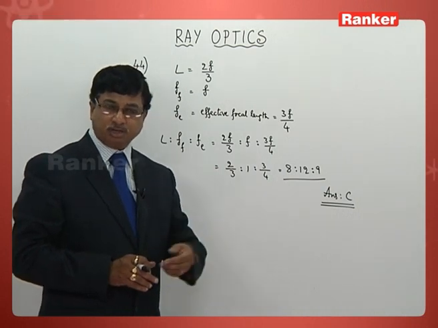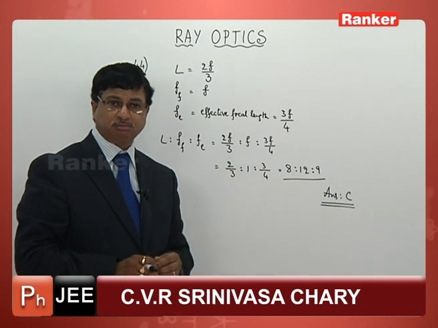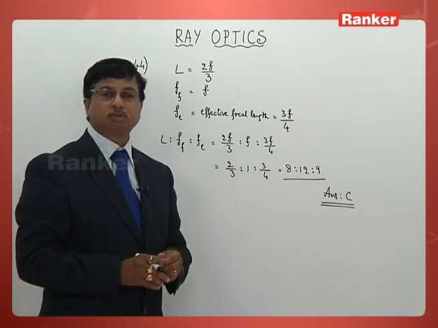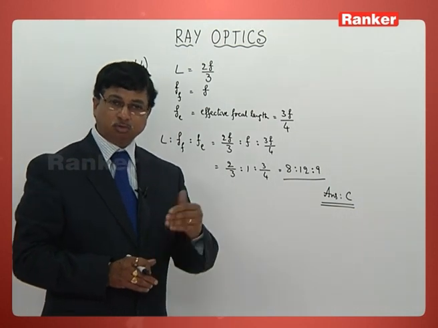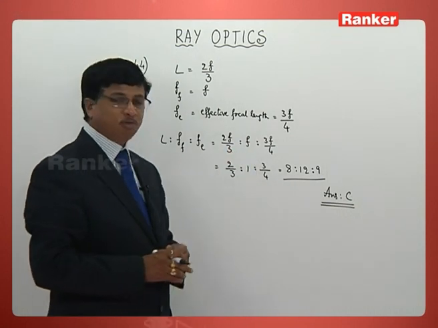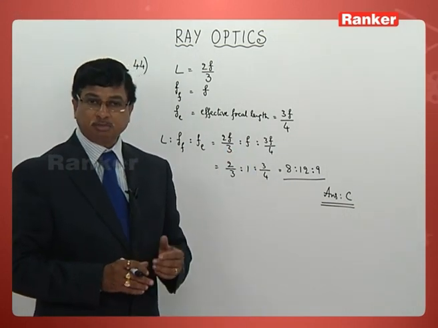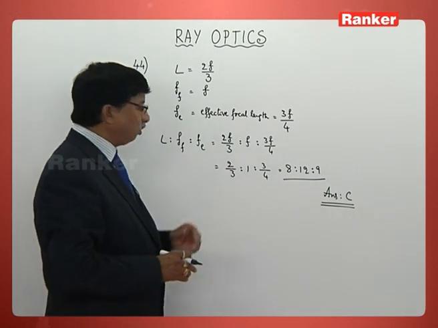And crosswires you can arrange in it. You can use that one for measurements, particularly in physical microscopes and telescopes. We used to find Ramsden's eyepiece and the use of that. So these aspects, in addition to these points, one should remember as far as Ramsden's eyepiece is concerned. So this is problem number 44 that we have.